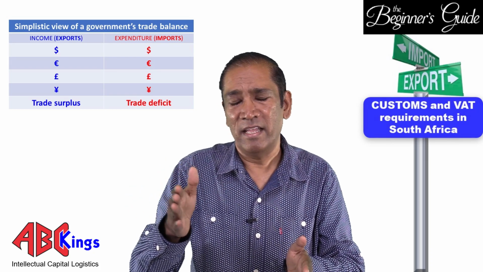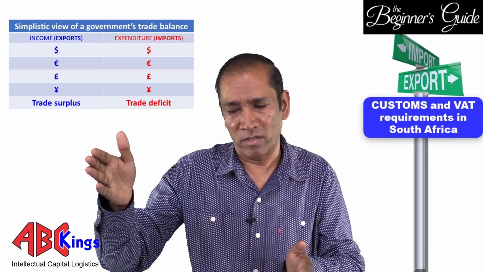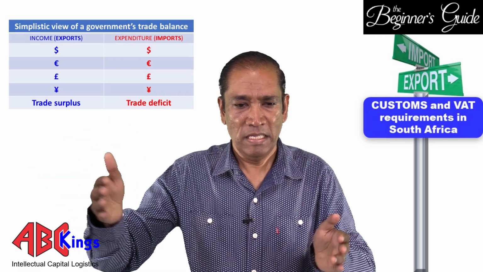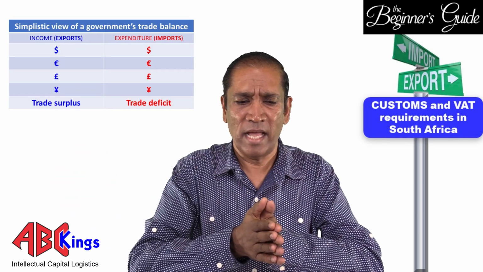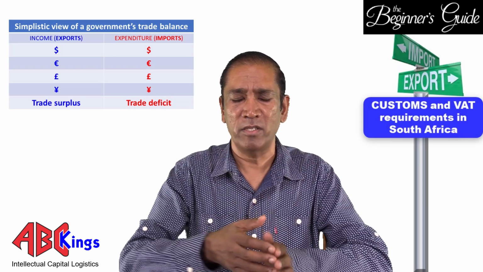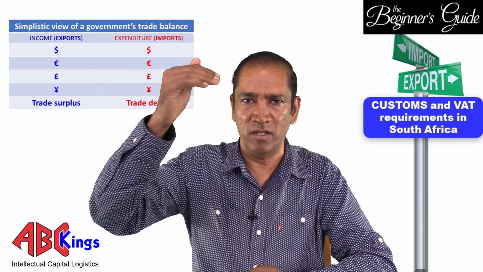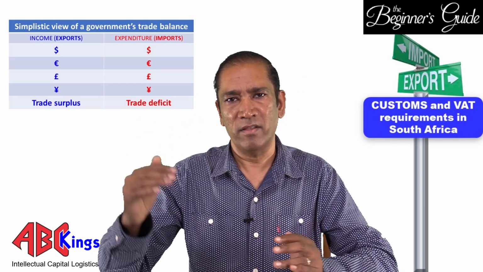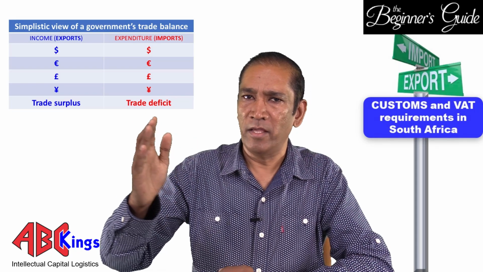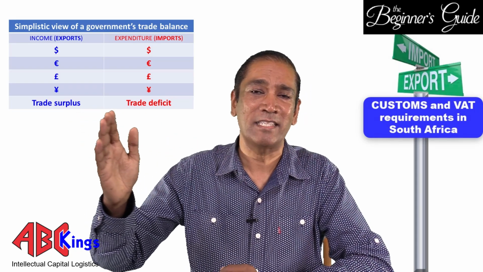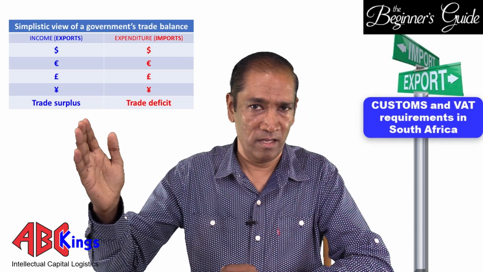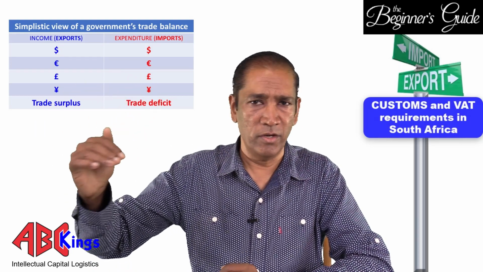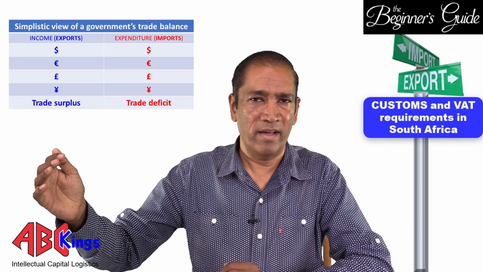On the other side, that is imports, and that's all expenditure of the country. So on the left-hand side, which is your income or your exports, you would have all the different currencies, your dollars, your euros, your pounds, and so on. And on the right-hand side will be your imports, or that's the expenditure of a country. And you would have, again, dollars and euros and whatever other currency.